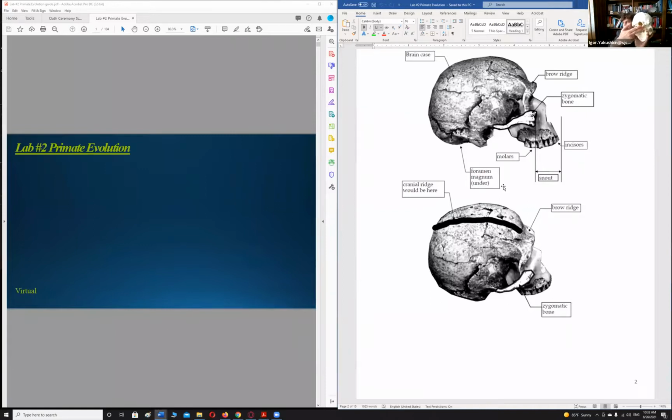See, right there, it's kind of centered, and literally vertically aligned. So the location of the foramen magnum can tell us, from existing skulls or fossilized skulls, more or less whether it was a bipedal or quadrupedal creature. And that's very important in human evolution. Why? Because bipedalism essentially started it all.